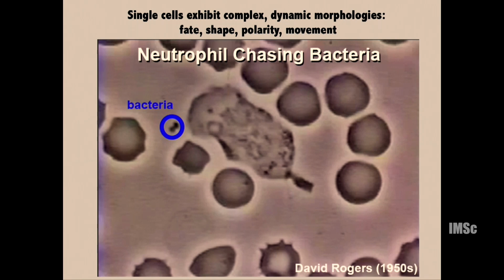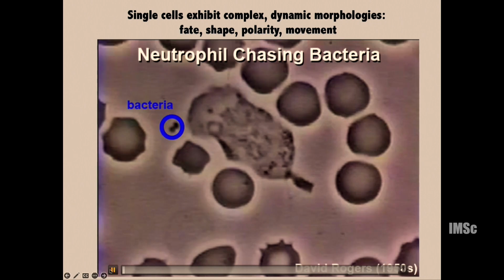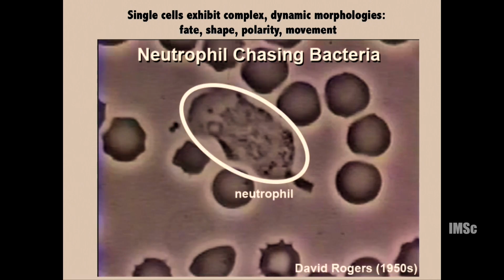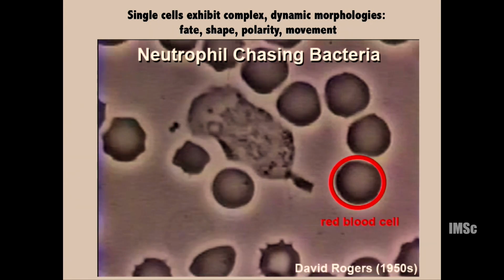Okay, so I'm going to start with the example of a single cell, because I want to convince you that before we think of animals, it's useful to think about single cells, and to show you that single cells actually exhibit complex dynamic morphology. What you will see in this movie, if this plays, is a video from David Rogers from the 1950s.